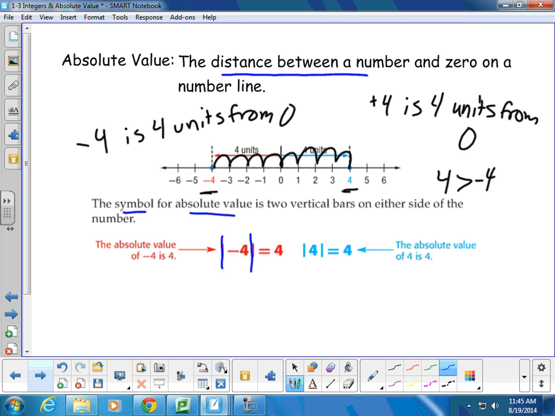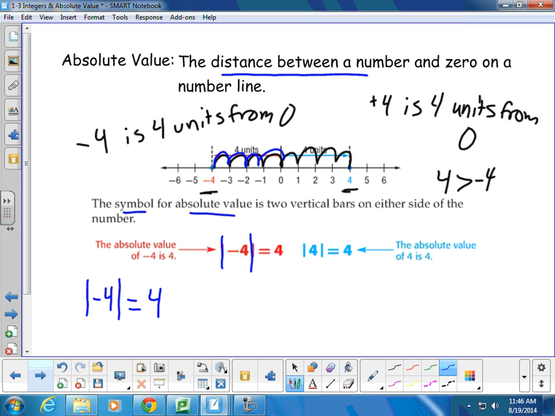So what we found out from this graph above, is that the absolute value of negative 4, if we write it, is equal to 4. Negative 4 is 4 units away from 0. The absolute value will never be negative because it's how many units away if you just count, but you don't consider the direction.